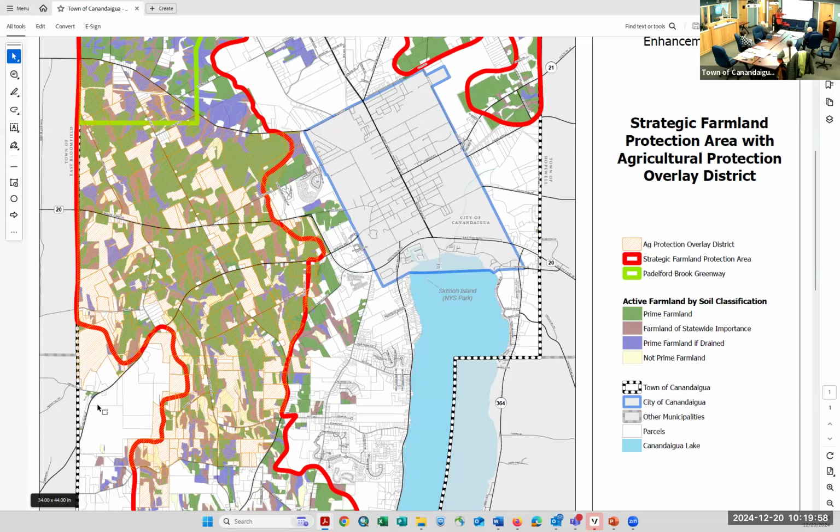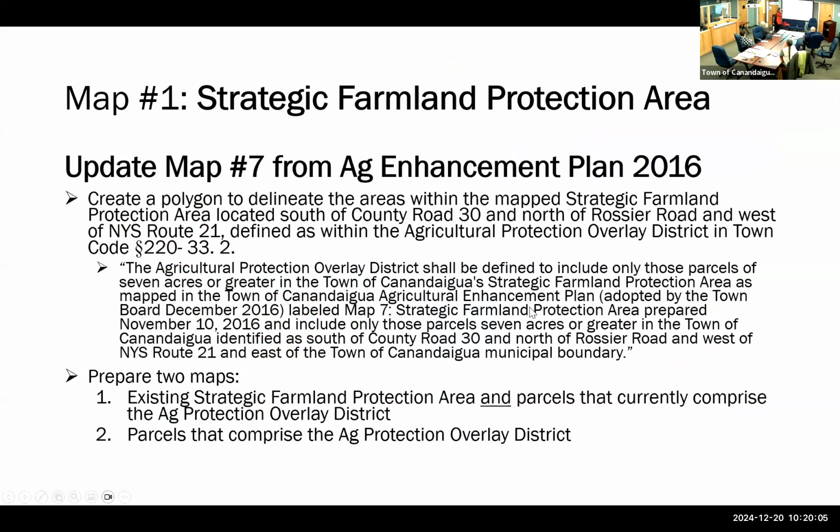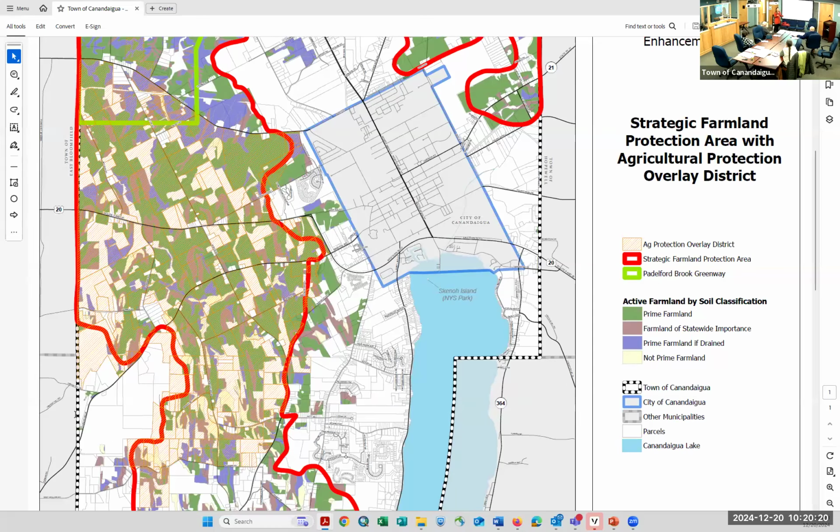County Road 30 is the top boundary: south of County Road 30, north of Risser Road, and west of Route 21. So it's smaller than the entire strategic farmland protection area, but it does not go beyond it. But the parcels do, because the areas weren't defined based on parcels, but the language defines it based on parcels.